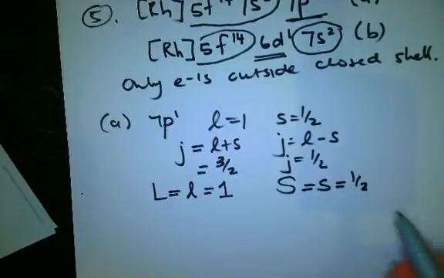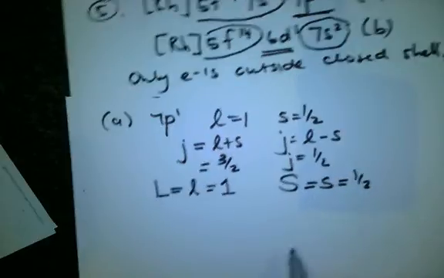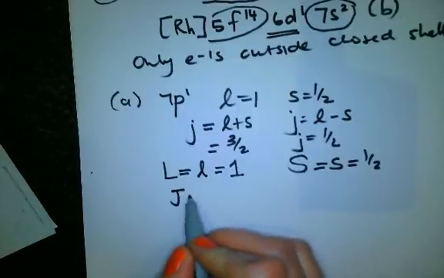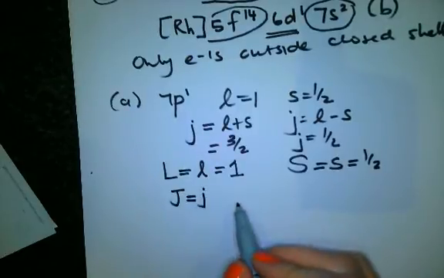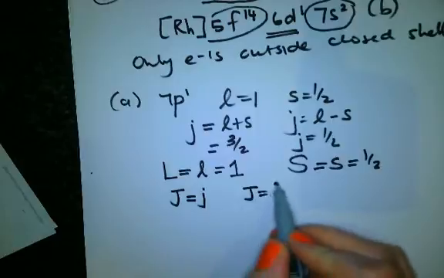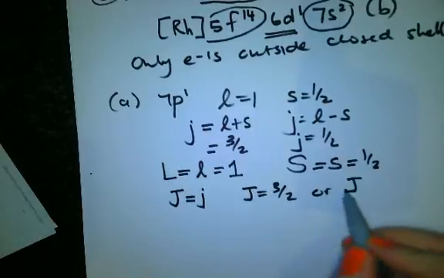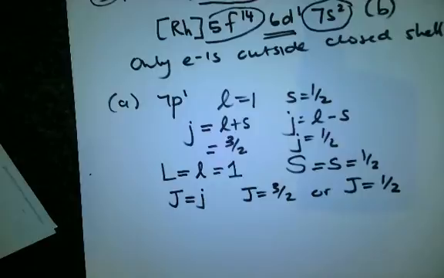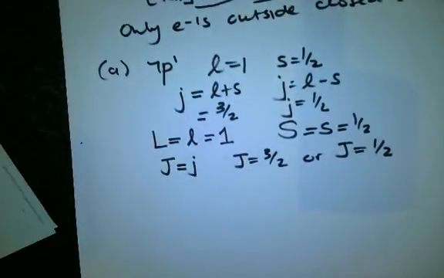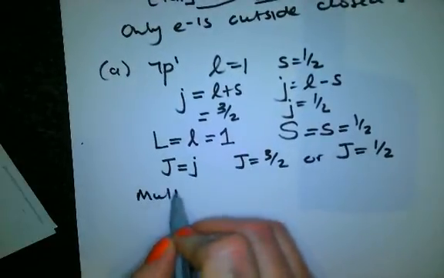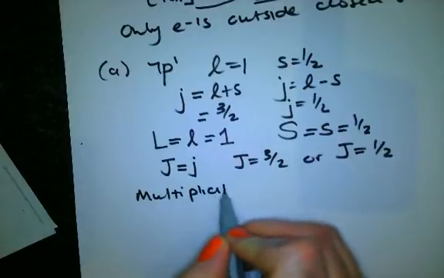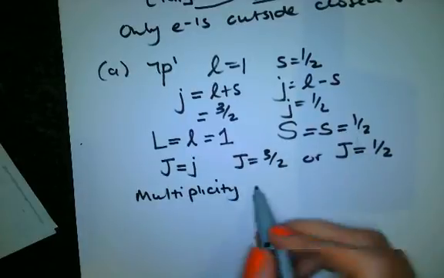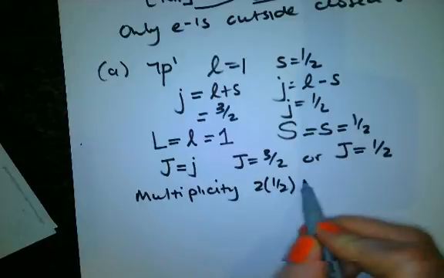And J is equal to 3 over 2, or J is equal to a half. We also need the multiplicity, which is 2 times a half plus 1, which is equal to 2.